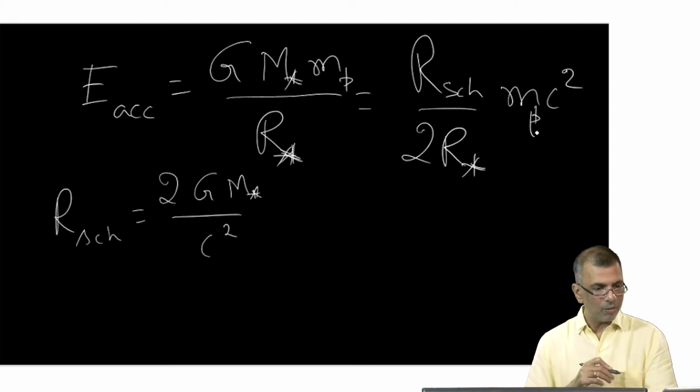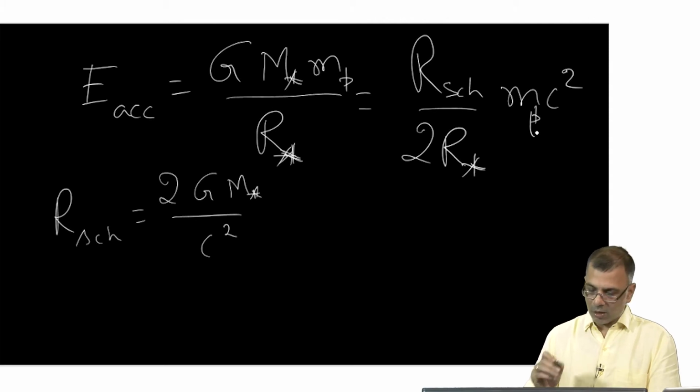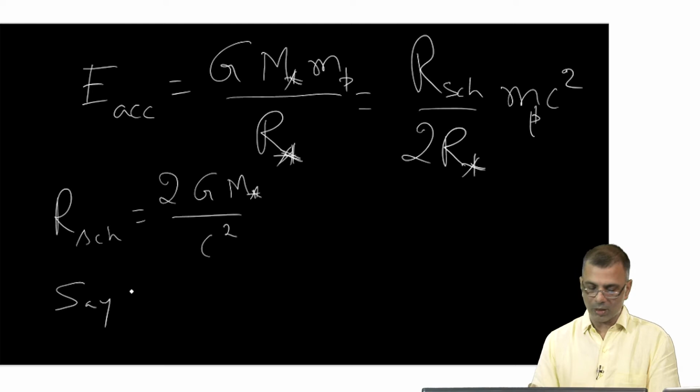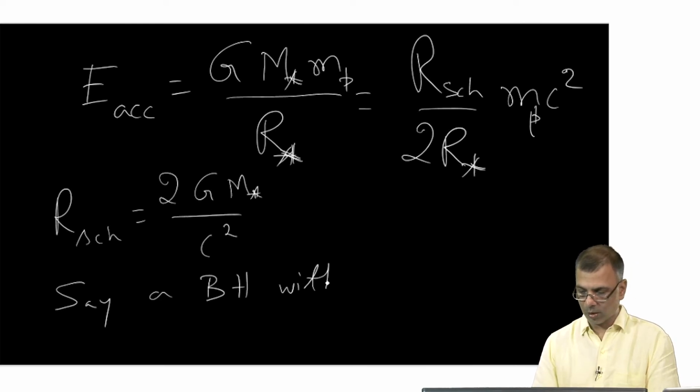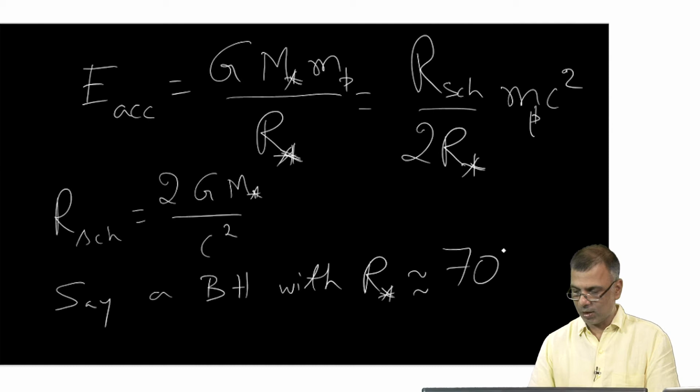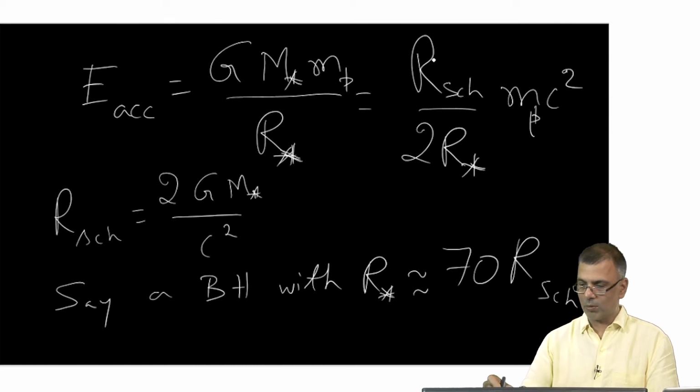Now suppose there was a compact object, say a black hole with r star some 70 Schwarzschild radii. In other words, this ratio is something like 70.